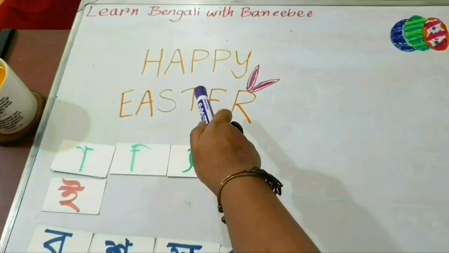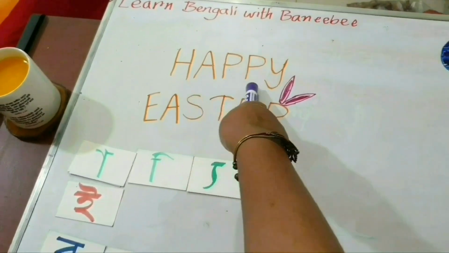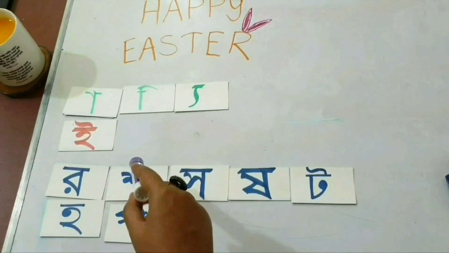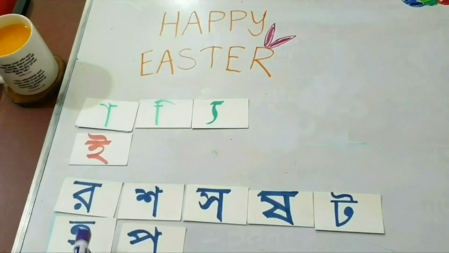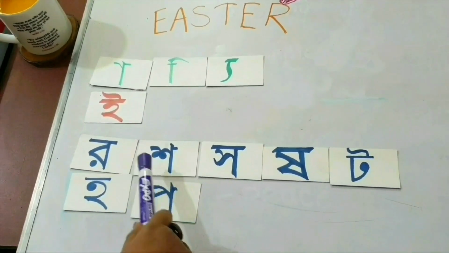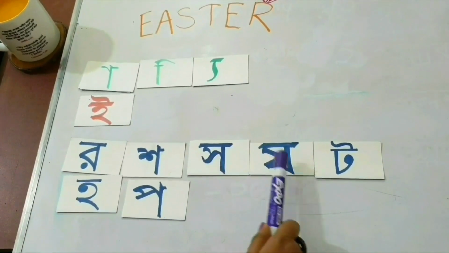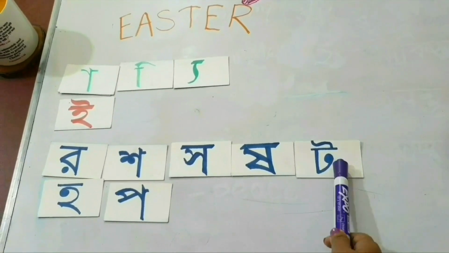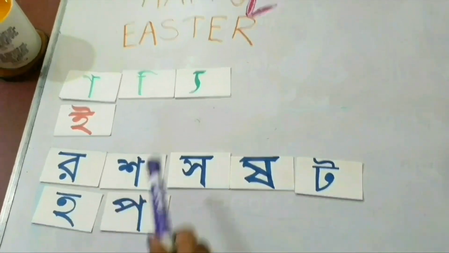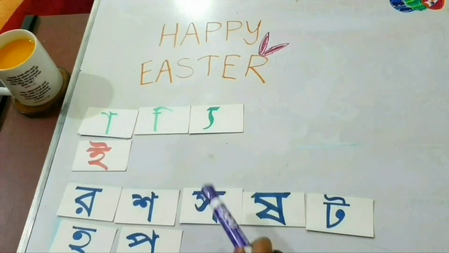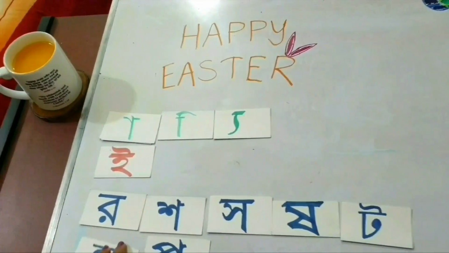So the first one is, it says happy, right? So where is the H? If you have watched my previous videos, then you know this is ra, sha, sha, sha. There are three sha letters here: ta, ha, pa. So which is close to that H here? This ha, right?